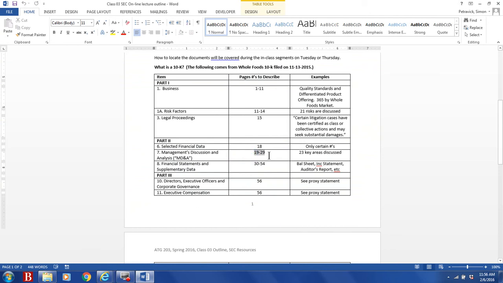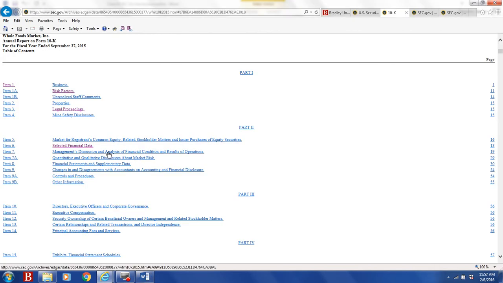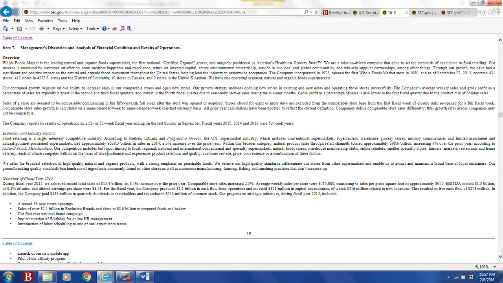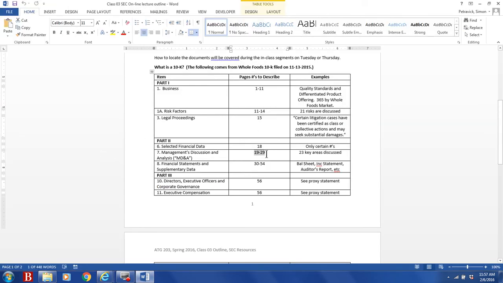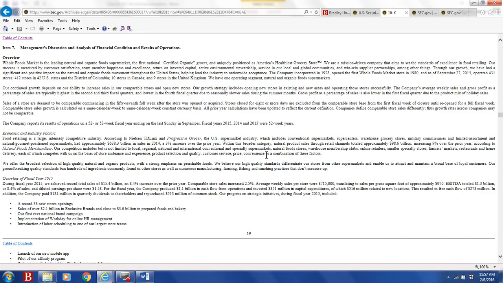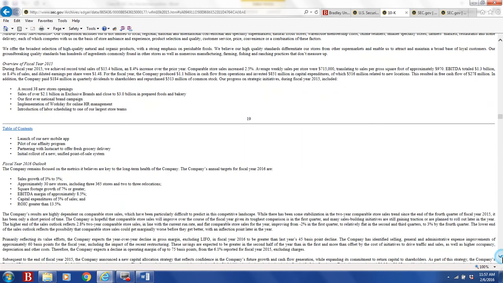The next item that we talk about in the 10K is called the Management Discussion and Analysis, and that starts on page 19 and goes, according to the outline here, right to page 29. So this is 10 pages of information where management describes what is going on.